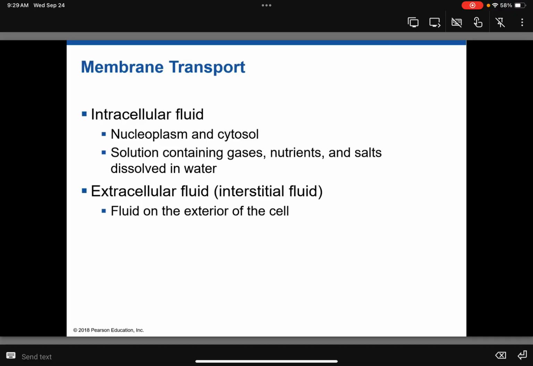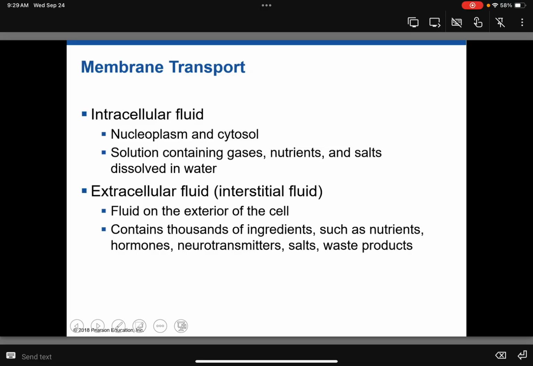Extracellular fluid or interstitial fluid contains ingredients like nutrients, hormones, neurotransmitters, salts, and waste products. So anything that leaves the cell can be found in interstitial fluid. Might be in the process of being transported to some other cell, but can be found in that extracellular fluid.